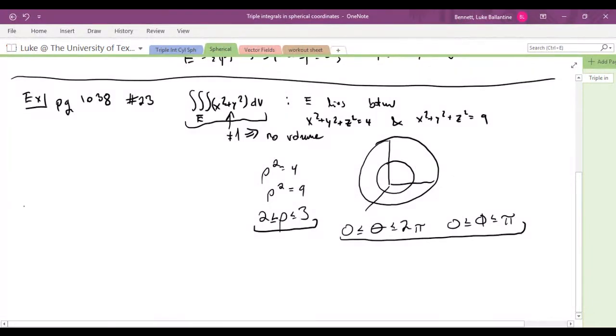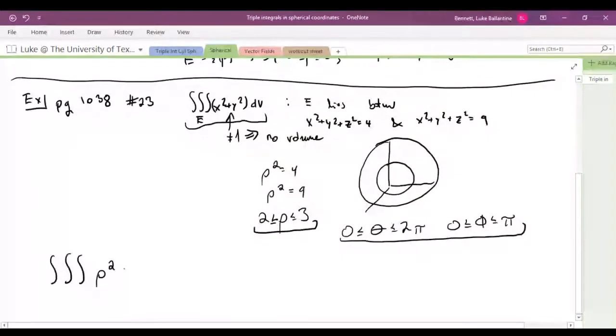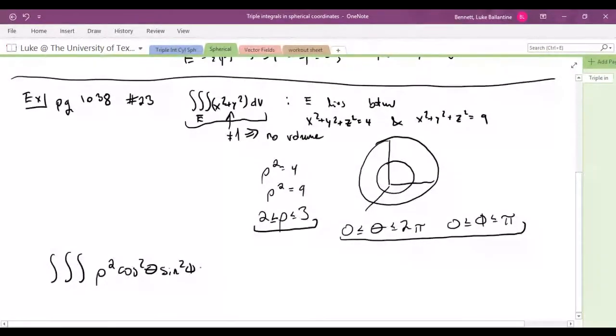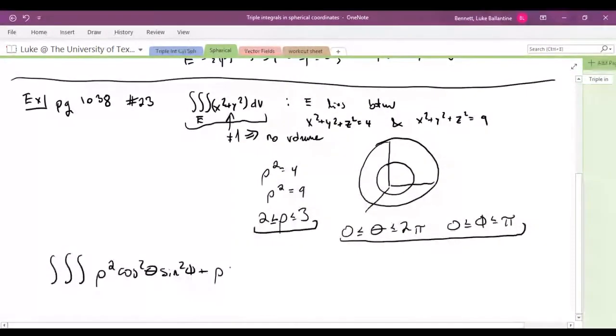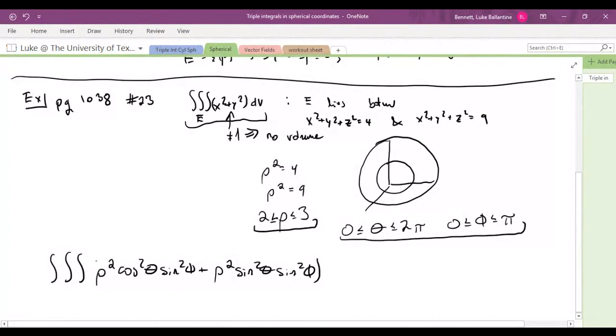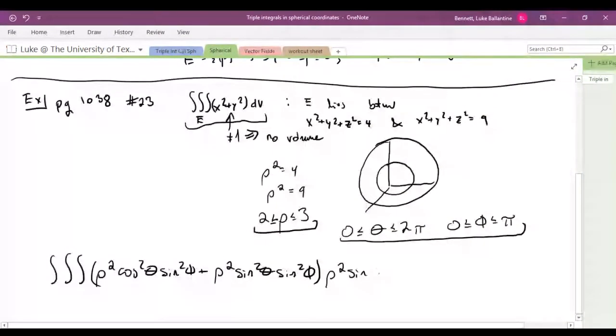Okay, so we have the triple integral over E. x squared would be rho squared cosine squared theta sine squared phi. y squared would be rho squared sine squared theta sine squared phi. Multiply by our dV. dV is rho squared sine phi.